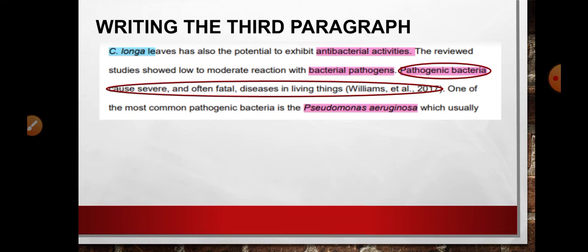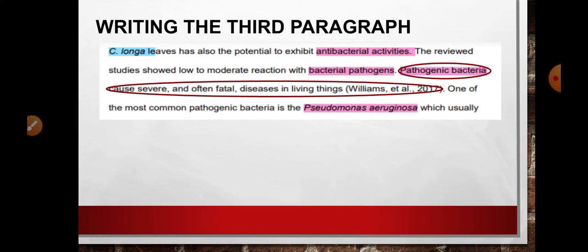So let's focus on the encircled sentence. So we have here, pathogenic bacteria cause severe and often fatal diseases in living things, according to Williams et al. 2017. So what can you say about the encircled sentence? Notice its placement between the first sentence and the sentence after it.